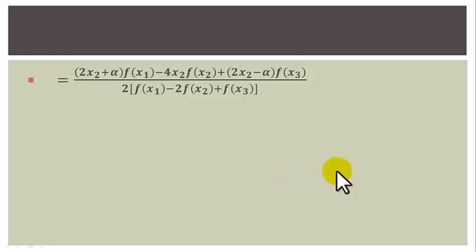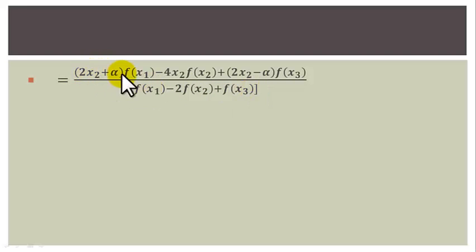Simplifying that expression, this will reduce to 2x2 plus alpha times f of x1 minus 4x2 times f of x2 plus 2x2 minus alpha times f of x3, all over 2 into f of x1 minus 2 times f of x2 plus f of x3.